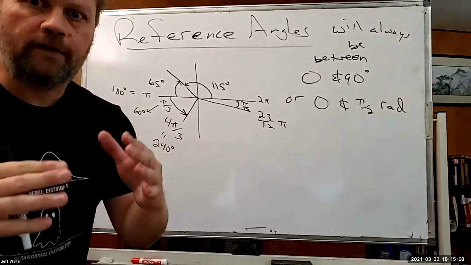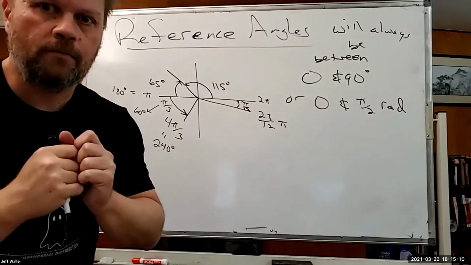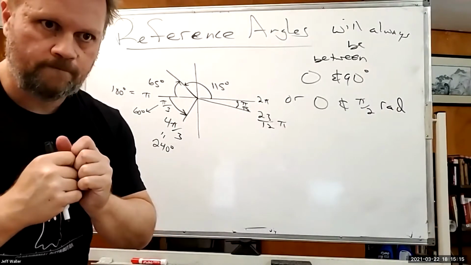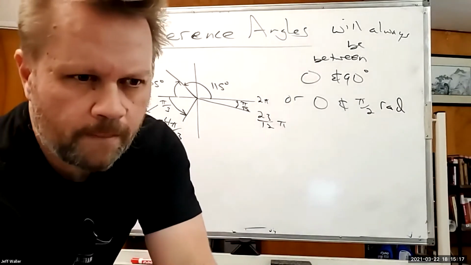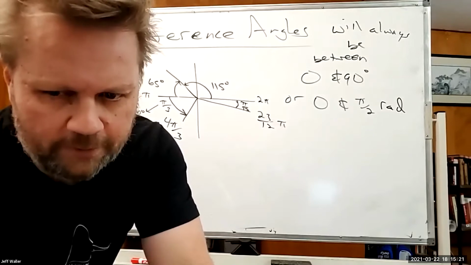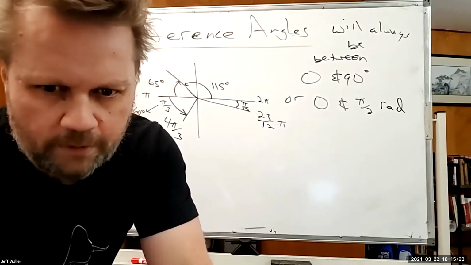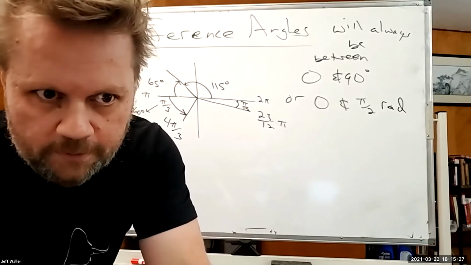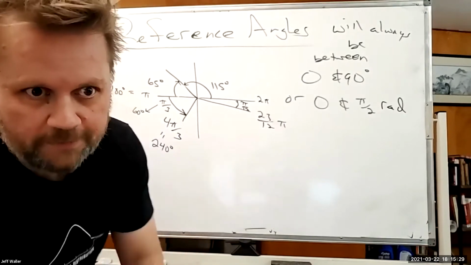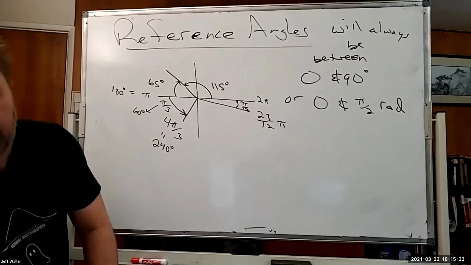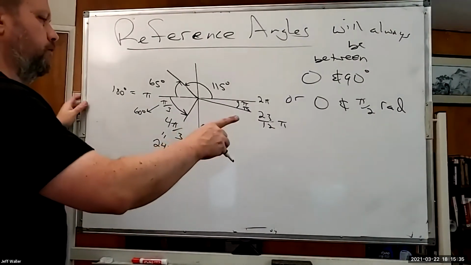So really, it's sort of like, go ahead. Is that just supplementary angles or complementary angles? Sort of, not really, sort of. Let me see, I'm trying to focus a little bit here. What am I trying to say?